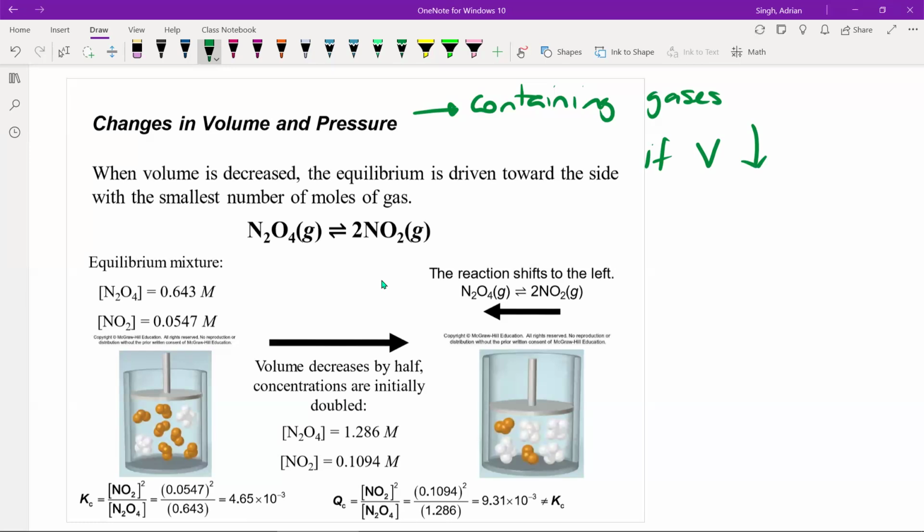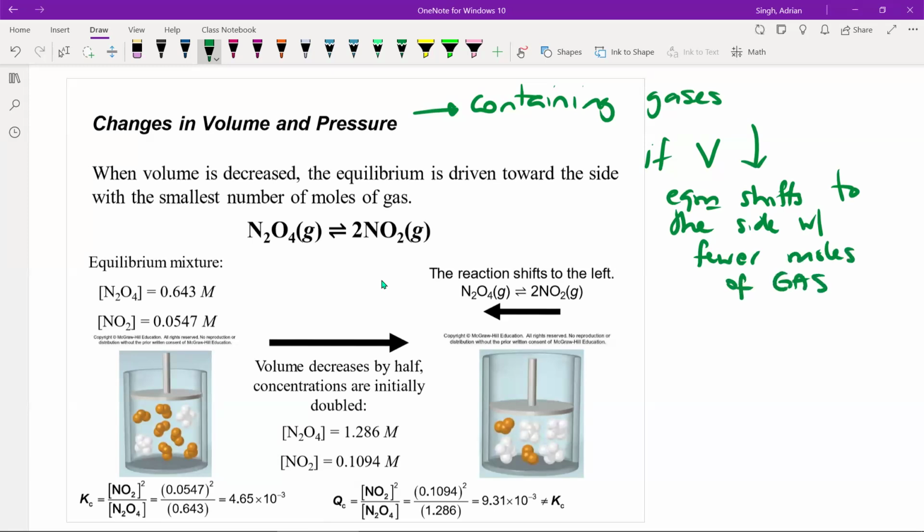So if volume decreases, equilibrium shifts to the side with fewer moles of gas. We can have heterogeneous equilibria where we have a mixture of phases, but we're going to focus on the gases here, because gases occupy larger volumes compared to liquids, solids and aqueous solutions, and they're also going to exert more pressure.